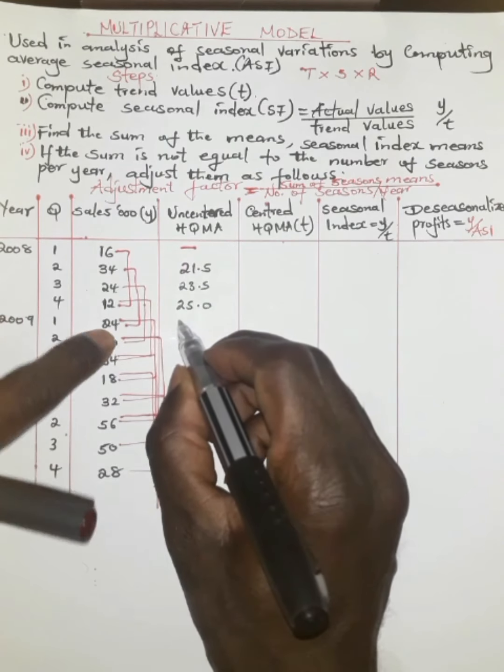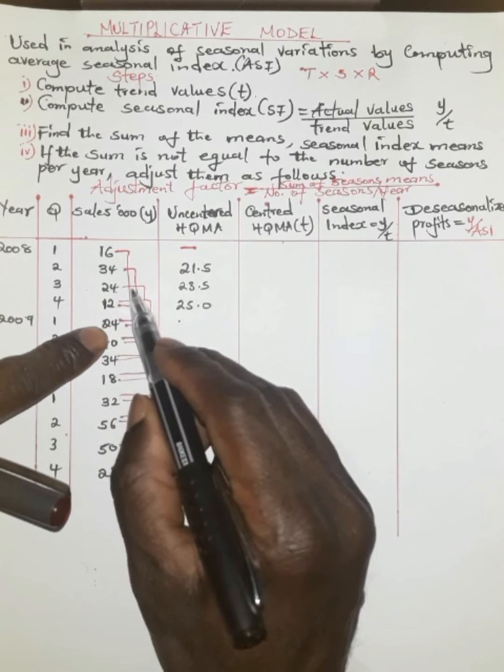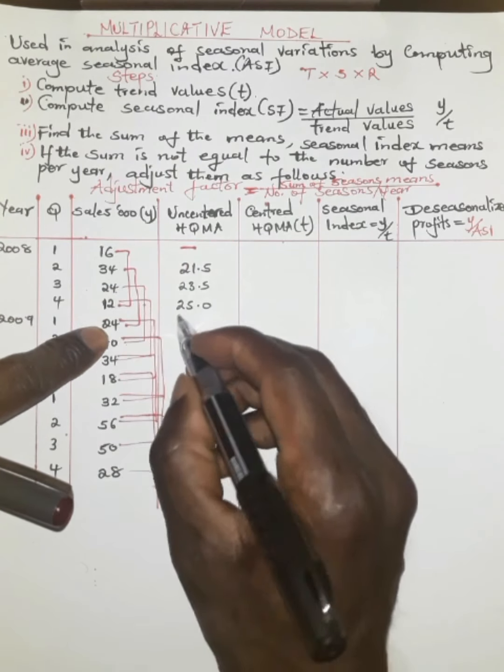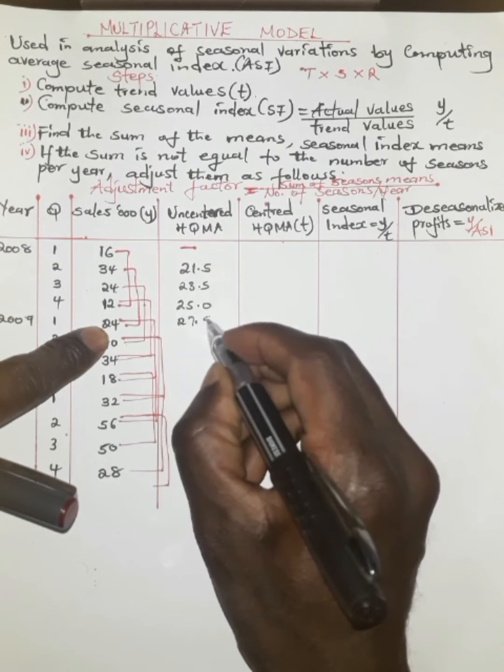The next 4 again, all the way to this one, should give an average of 27.5.